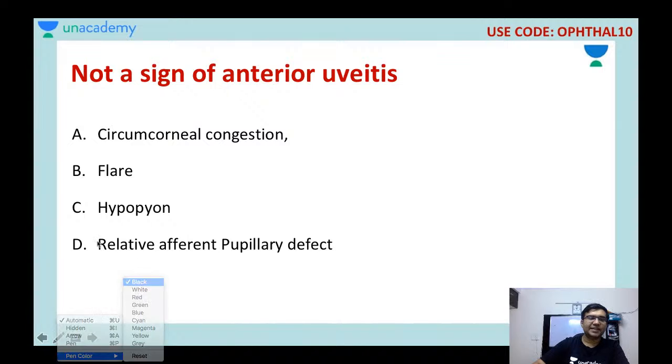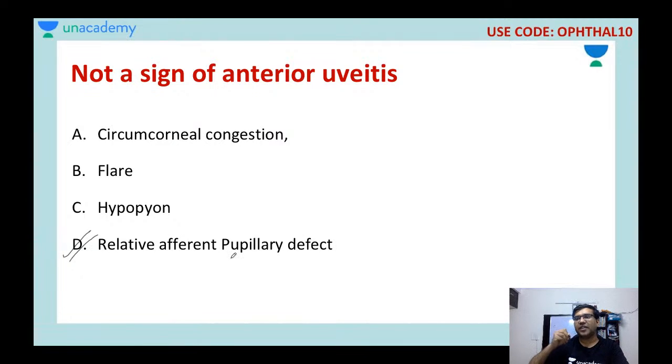So the answer here is D, that is relative afferent pupillary defect. Now relative afferent pupillary defect is basically seen in the optic nerve head disorders. Okay, they are not seen in anterior uveitis, they are seen in the optic nerve head disorders.